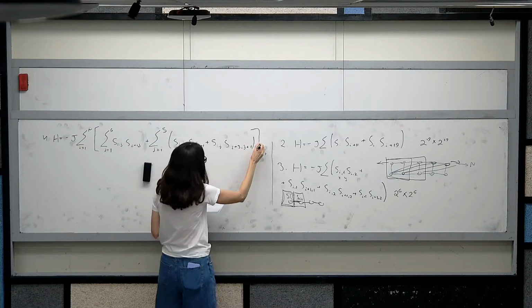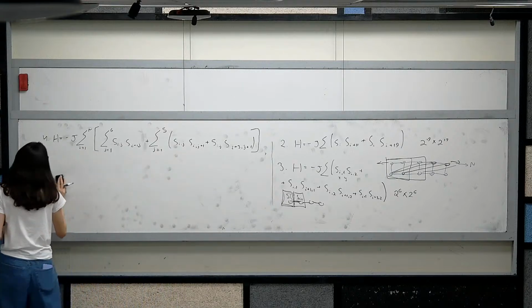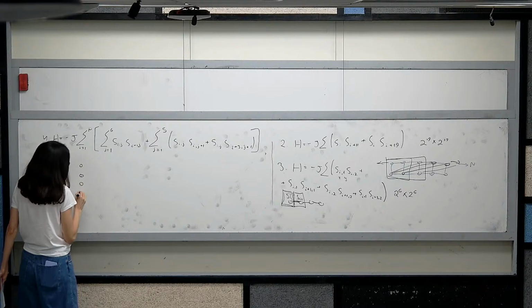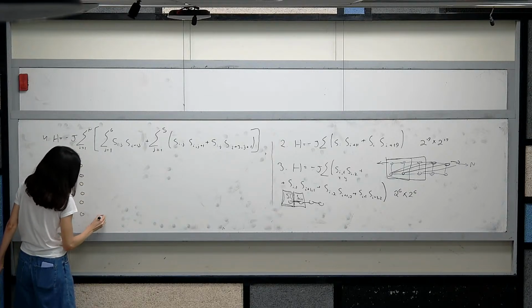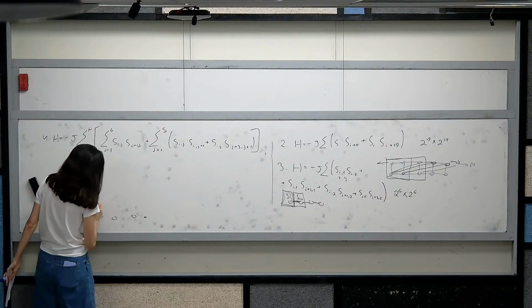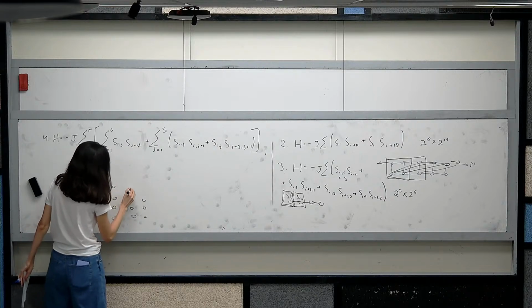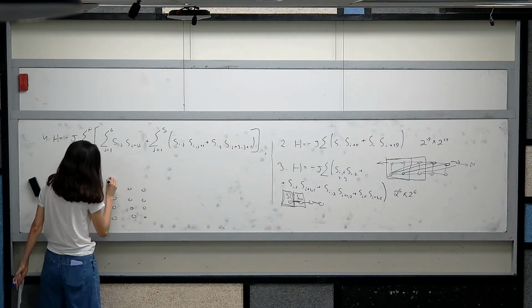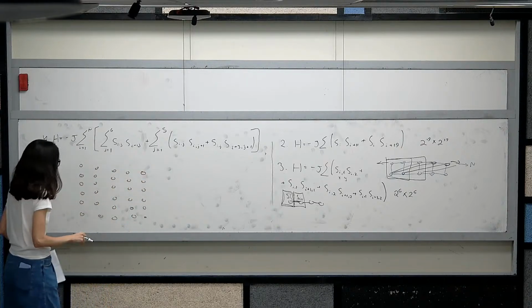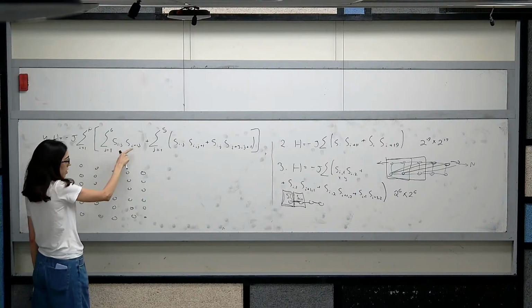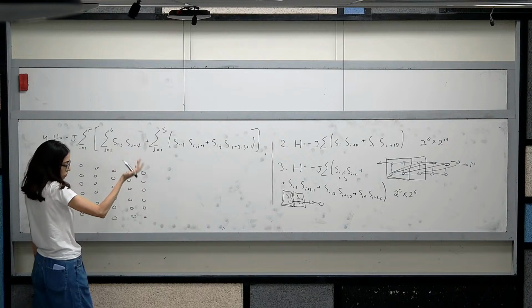So how does that look? We have 1, 2, 3, 4, 5, 6. Okay, so we have the interaction of i with i plus 1 for each value of j.